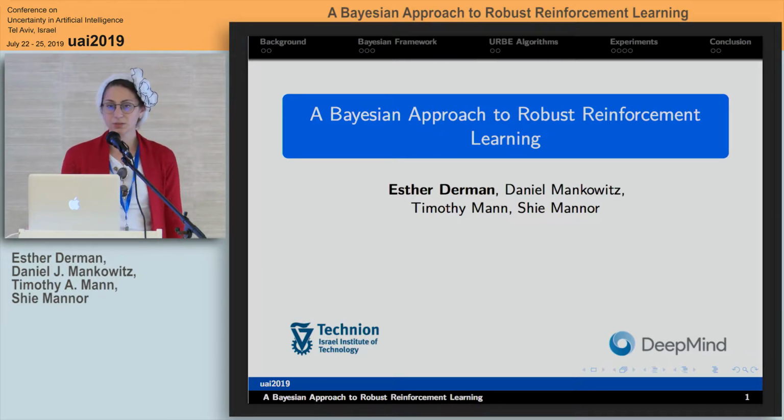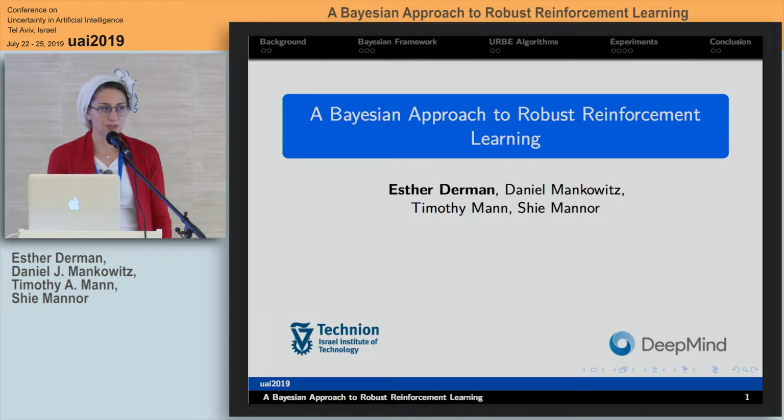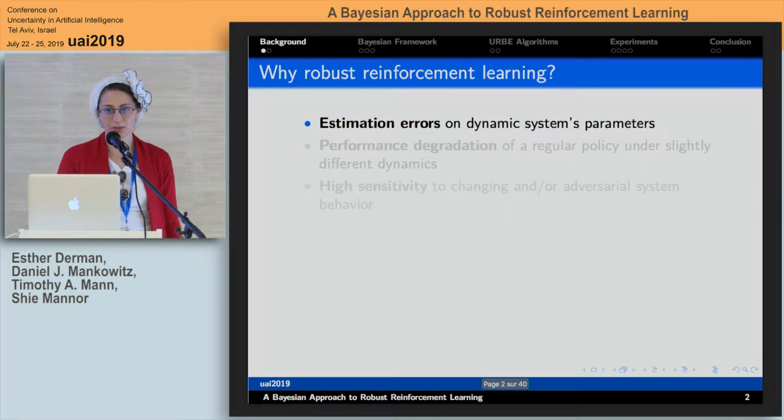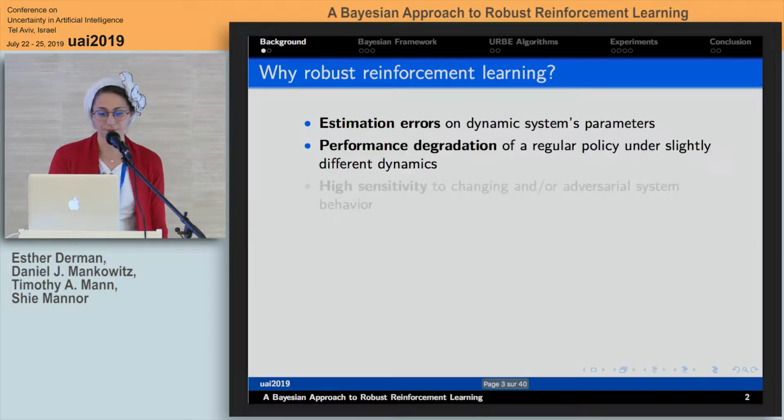So there are several reasons why we need to introduce robustness into reinforcement learning. In general, we don't know the parameters of an MDP or the dynamics. We rather estimate them from historical data, and this can result in errors. So when we optimize the policy with respect to this estimate, the performance can significantly degrade if the dynamics are slightly different.